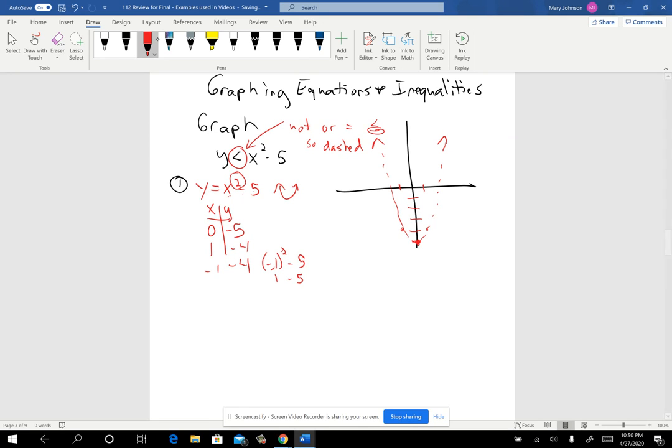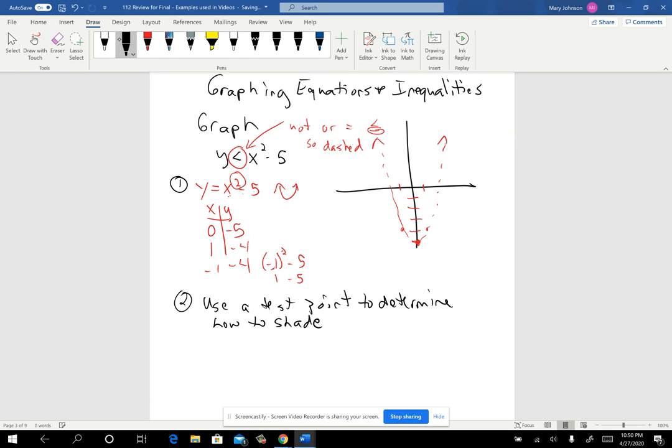Now we need to know whether it's going to be inside or outside, might be a way to think about it. Okay, so what you do for that, that's the second part, is what I normally do is use a test point, okay, to determine the shading. So you got to determine how to shade.